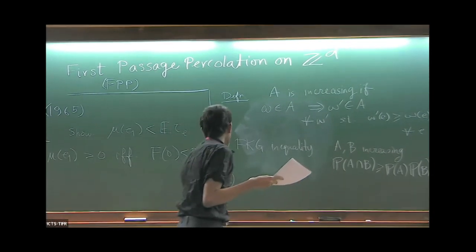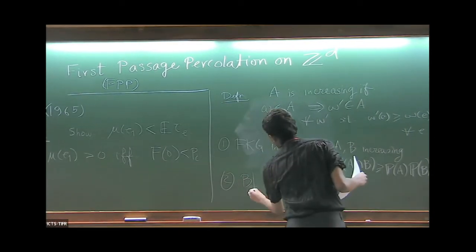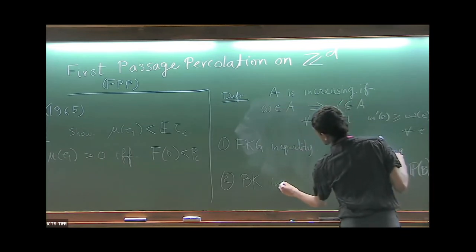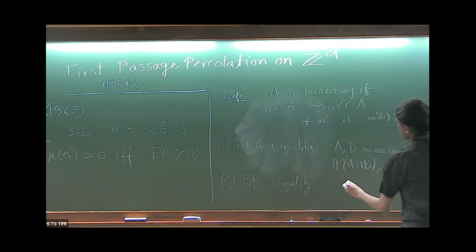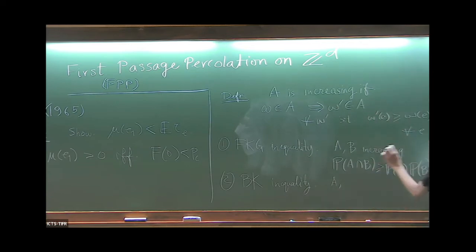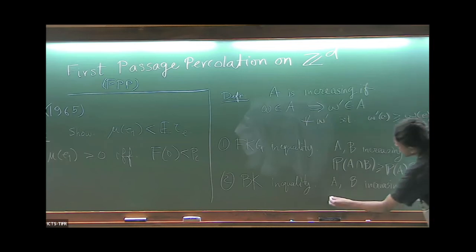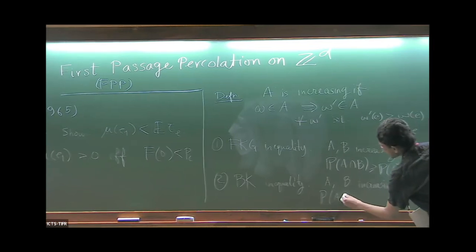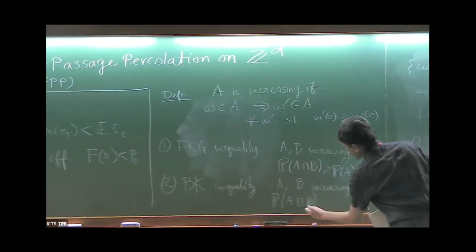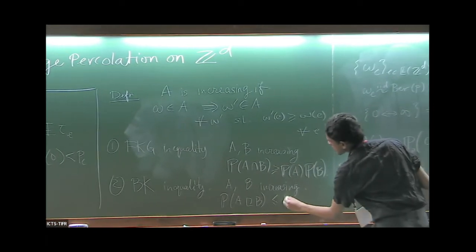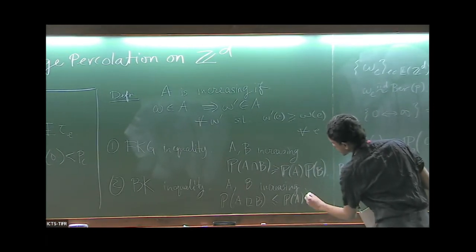The second one is slightly more complicated. It's called the BK inequality. It doesn't really require A and B to be increasing, but that's how the classical inequality was proved. I'll say in a minute what it is.